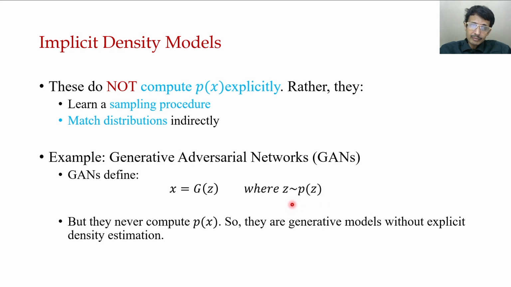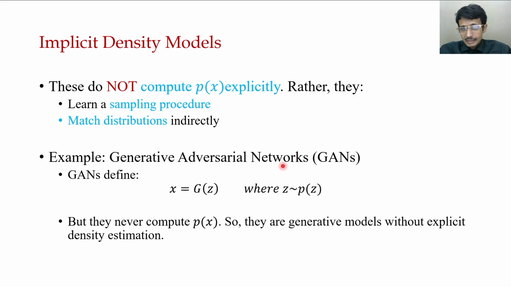provide the adversarial loss. So there are two neural nets, one is generator, one is discriminator, and they are competing with each other. The generator, on one side, tries to generate samples which look very similar to the real samples, so that the discriminator can be fooled.